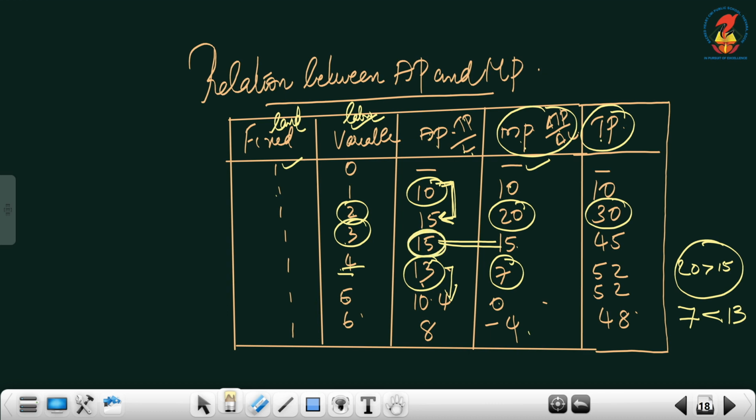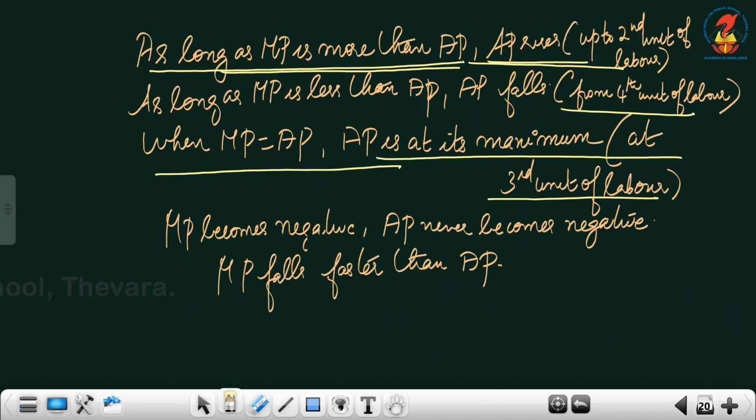In the second unit also AP was 15, but the third unit of labor is the one we have to consider, where AP is 15 and MP is 15. After that, there is no value of 15 or greater than 15. It is 13, 10.4 and 8. So the third relationship is, when MP is equal to AP, AP is at its maximum.